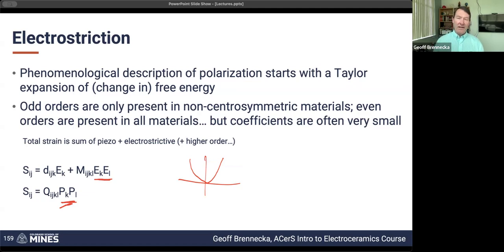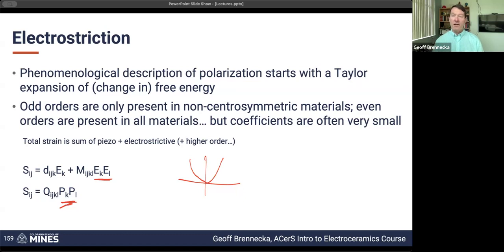And so a comparable example of this is magnetostriction. There's a magnetostrictive effect that's essentially the same as this electrostrictive effect, but it's when you have a large magnetic field, you get strain. So electrostriction, electric field strain; magnetostriction, magnetic field strain. And all of you are familiar with magnetostriction, whether you know it or not.